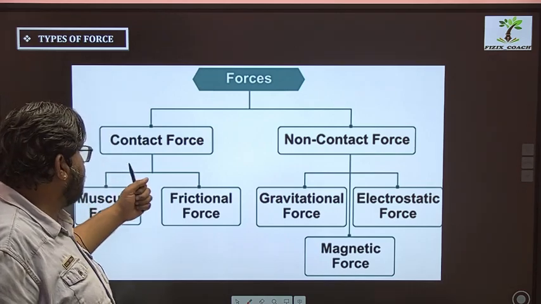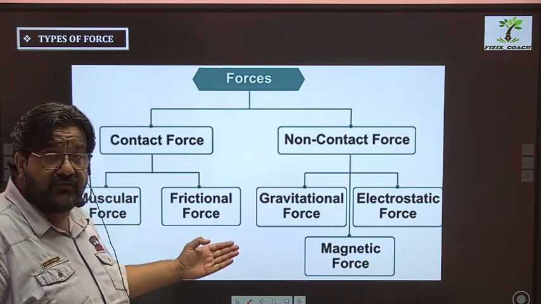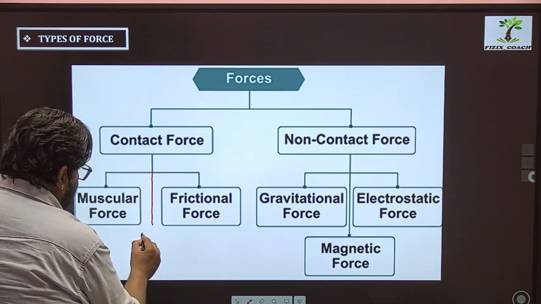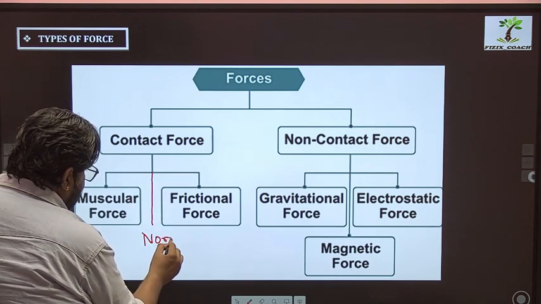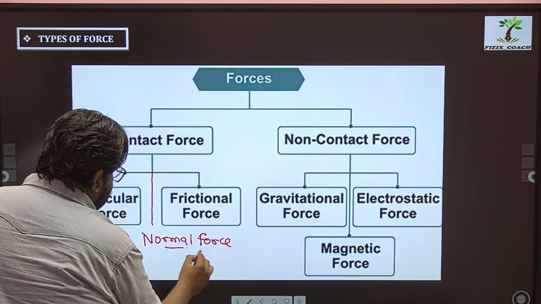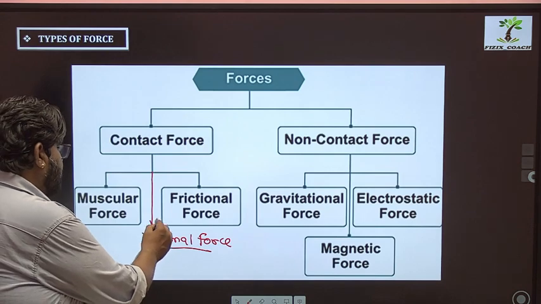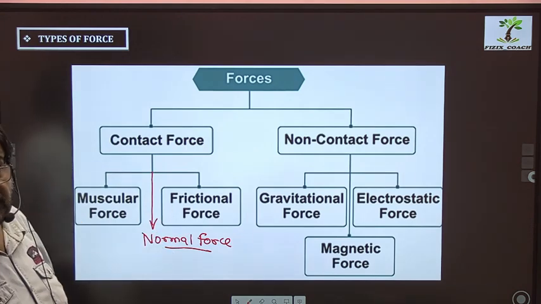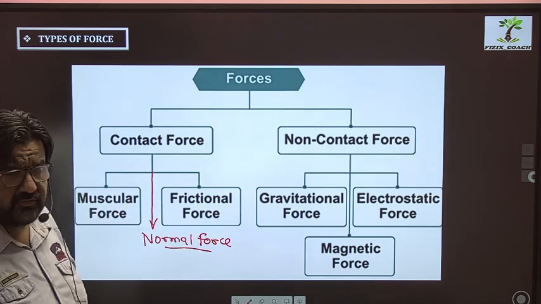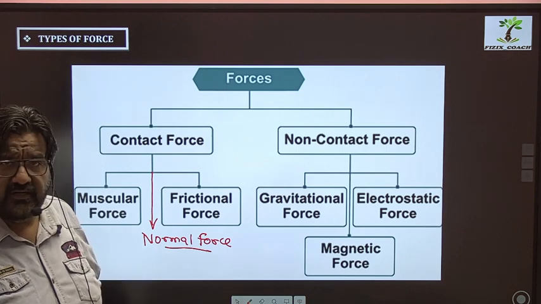Now, contact forces are further classified. You have muscular force, you have frictional force, and one more classification can also be added here. You have normal force. Right? So you can classify it into 3 types: muscular force, frictional force, and normal force. So these are contact forces. Now non-contact forces: gravitational force, electrostatic force, and magnetic force.